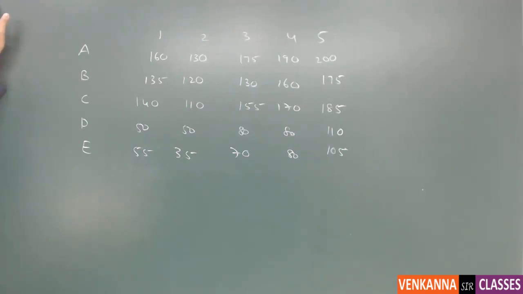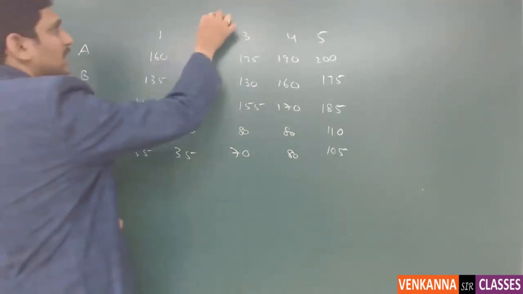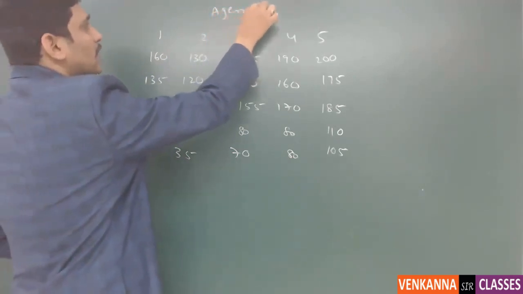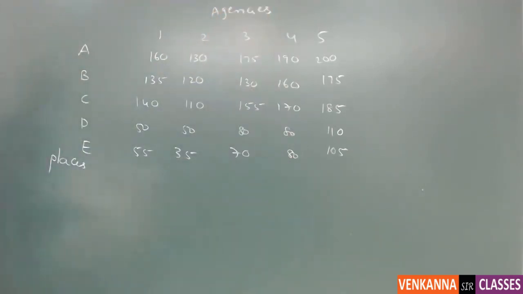Now, A, B, C, D, E are nothing but the places, and 1, 2, 3, 4, 5 are the agency places, or agencies we can call. So I am moving from one place to another agency place, and the numbers here are nothing but the distances given. I am going to find the minimum distance there.